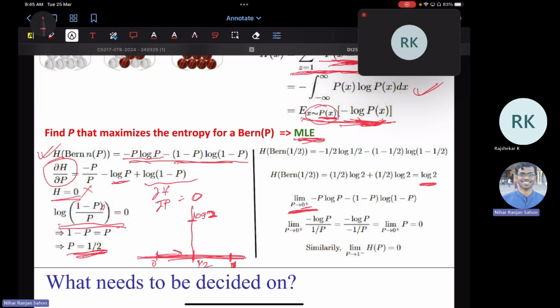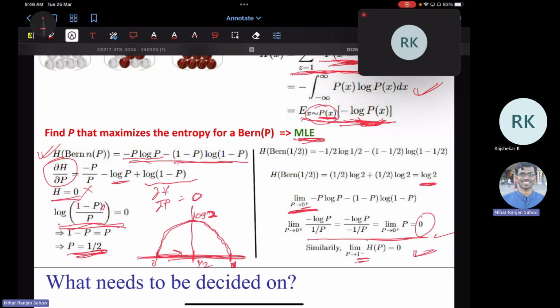That's why I've taken 0 plus. For 1 it is 1 minus, right? All these limit terms you know. If you take the limit p tends to 0 plus, you can solve this. You will get a limit of this term as p tends to 0 plus, it will be 0. Similarly for 1 minus, it will be 0, right? The curve will look like this, right?